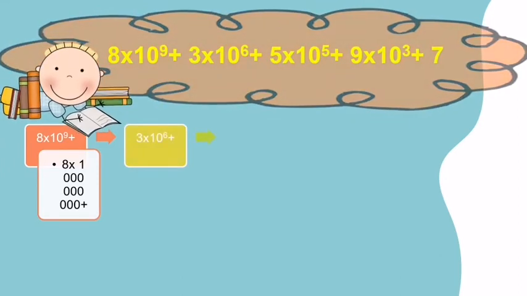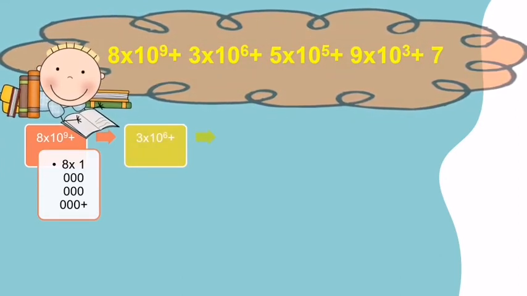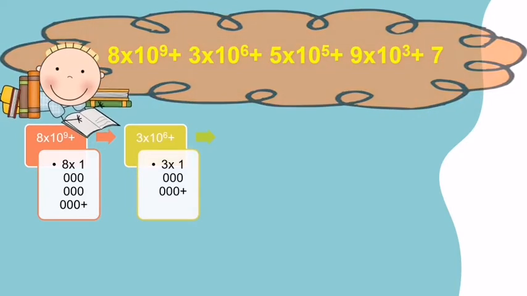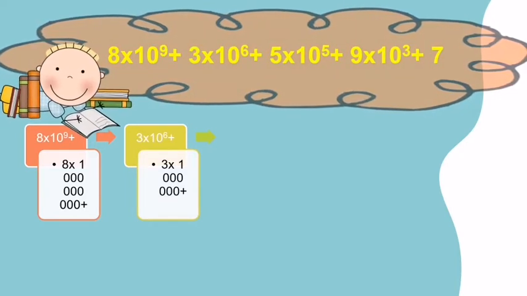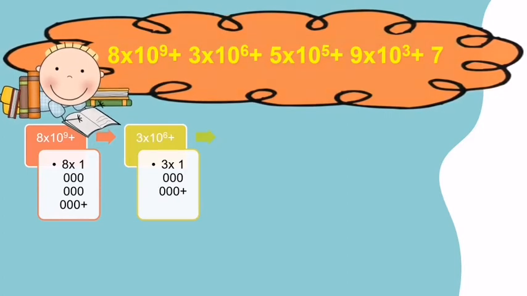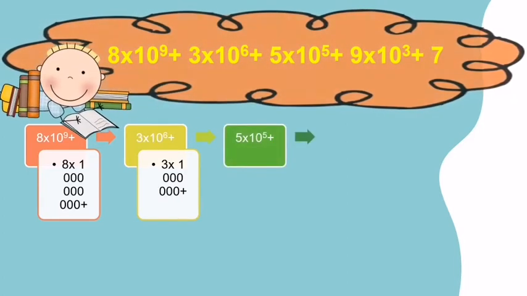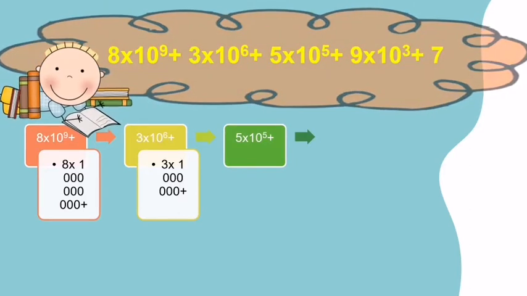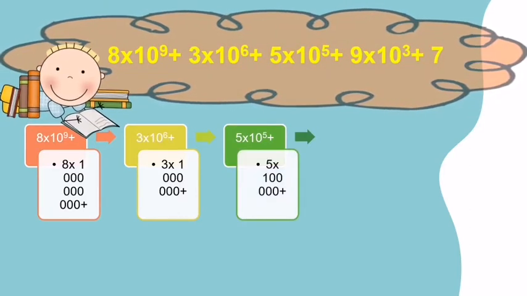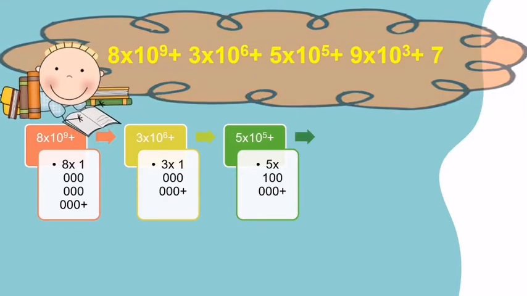Moving on with 3 times 10 to the power of 6, that will become 3 times 1 million with 6 zeros because your exponent there is also 6. We have also here 5 times 10 to the power of 5. That will become 5 times 100,000.